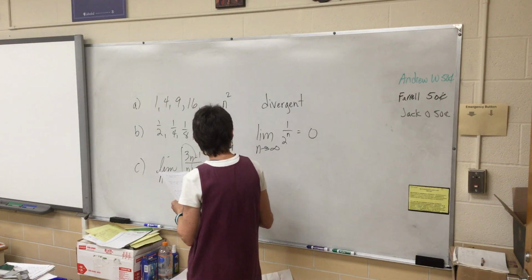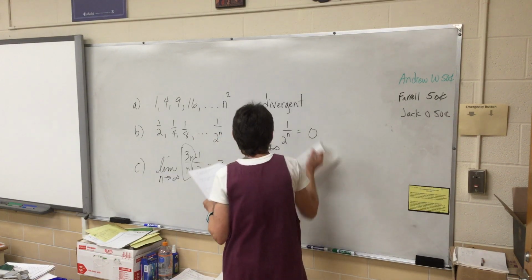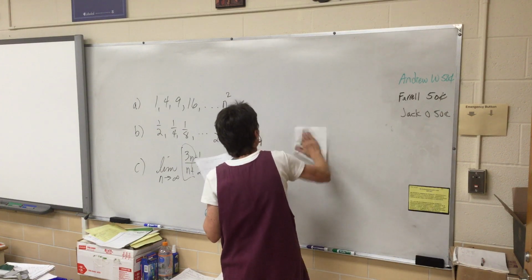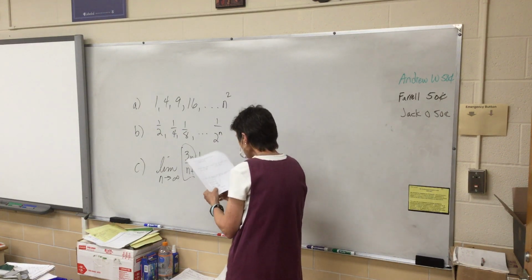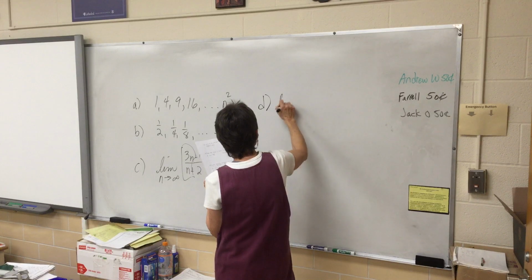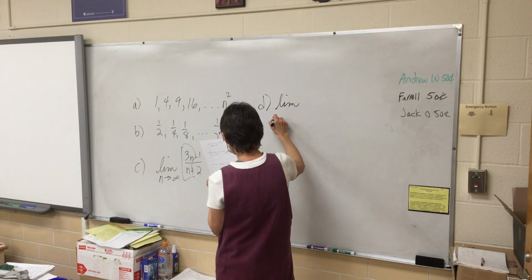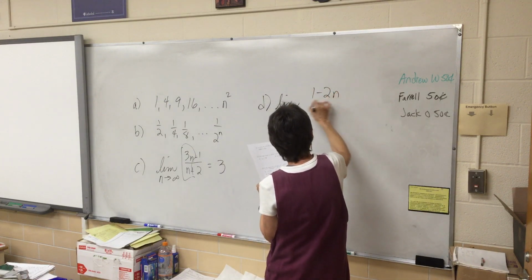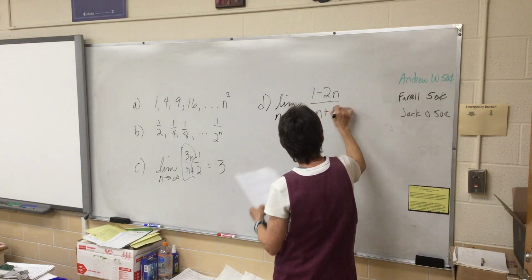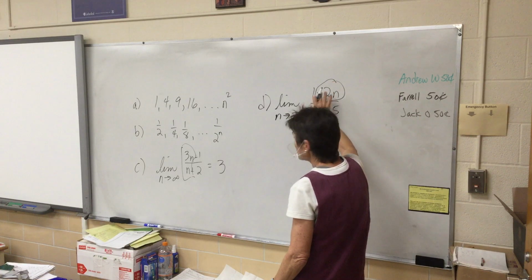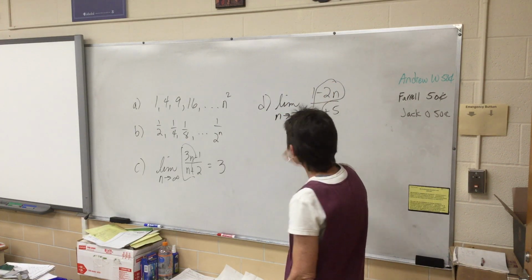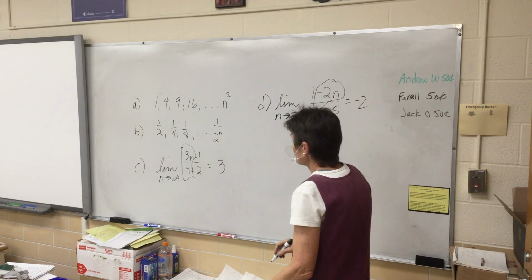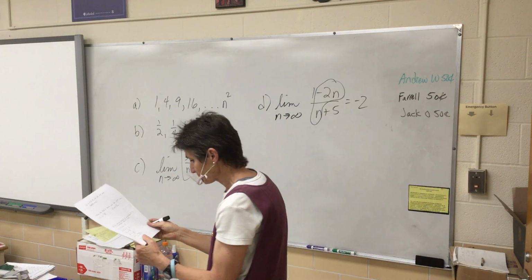Okay, be careful with D. No, actually D has a limit. What is the limit? -2. Yep, it's -2, because when you put n over n, even though the problem's a little backwards, it's -2. So your limit is -2.